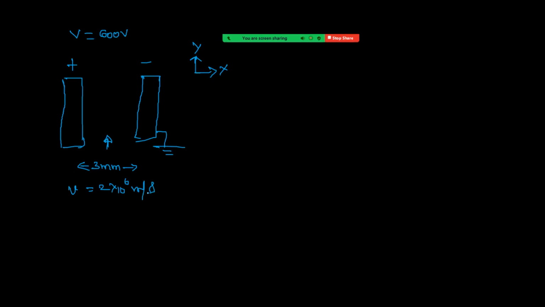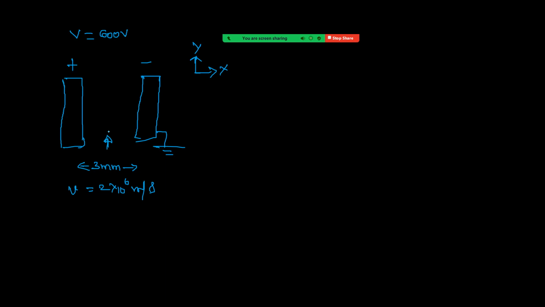Now the condition is to find the magnitude and direction of the magnetic field in the region between the condenser plates. And this is for what? The condition is that it has to move undeflected. No deflection means velocity is constant.